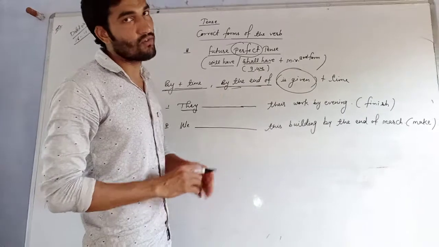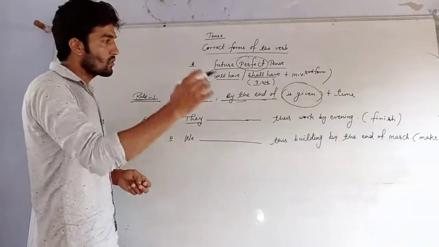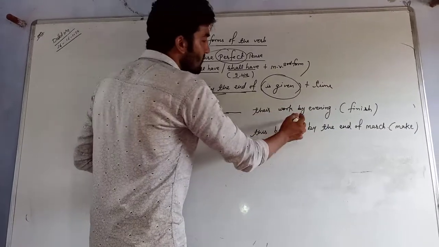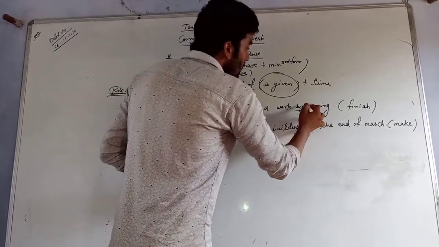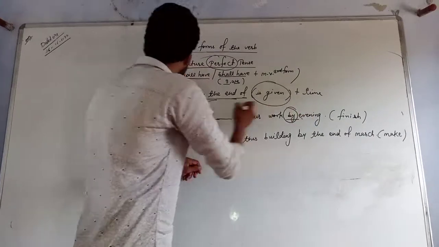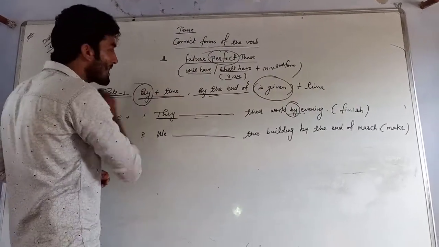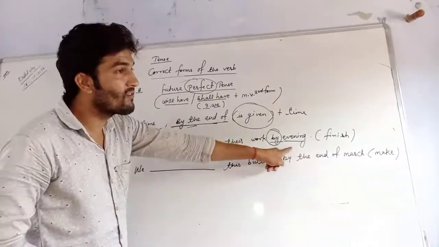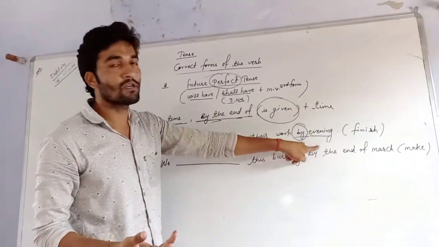In the bracket the verb is finish. Look at this sentence, and if you see it closely, you find by is given, so by plus time. Look here, evening is given: by evening, by morning, by afternoon.